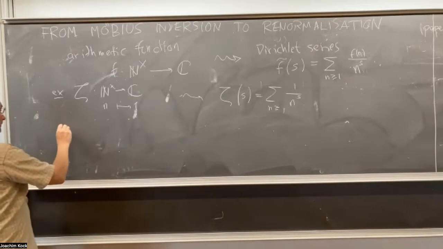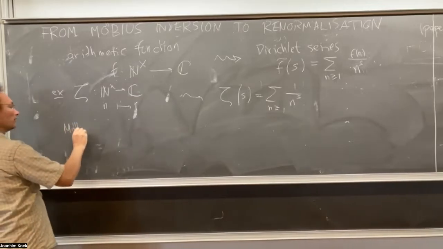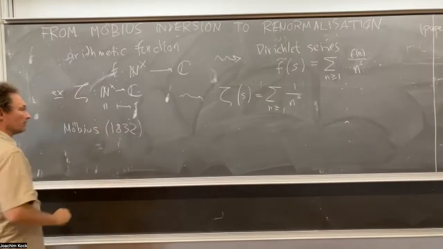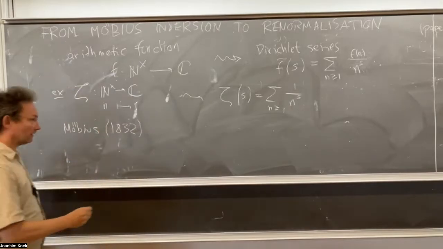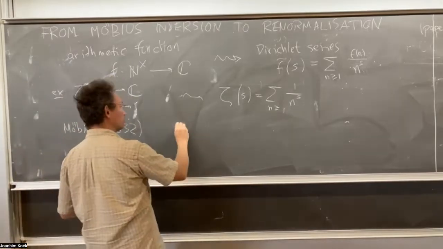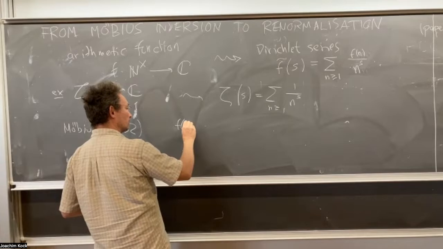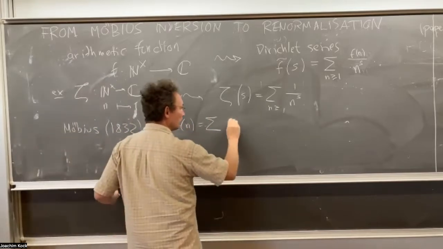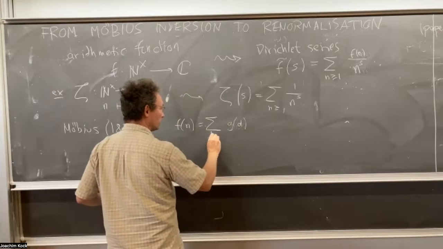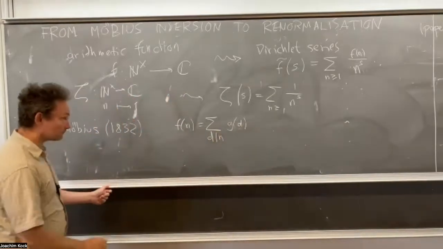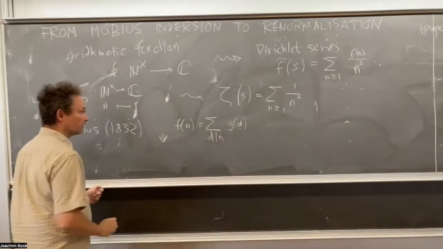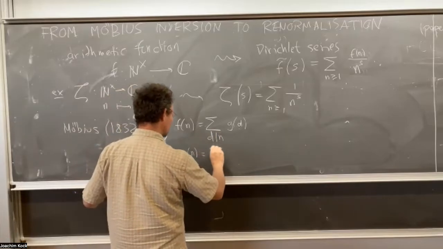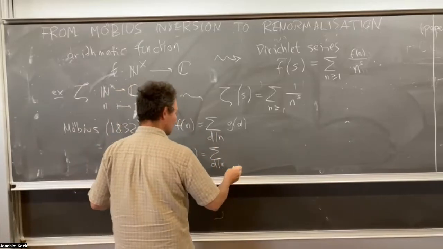So the Möbius inversion principle says that if you have two arithmetic functions such that f is obtained from g by summing over all the divisors, then you can also write g in terms of f, like this.